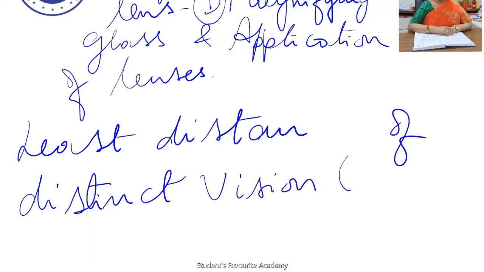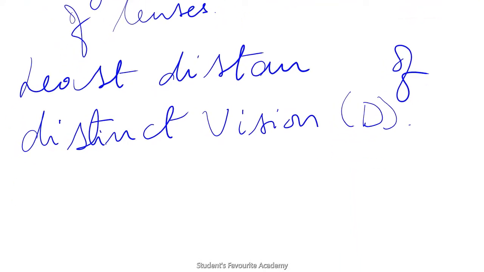This is represented by the letter capital D, and it is numerically equal to 25 centimeter. Now what does this mean? This means in order to see an object clearly by a naked eye, it is necessary for the object to be placed at least at a distance of 25 centimeter from the eye. So this is called the least distance of distinct vision for a normal eye.